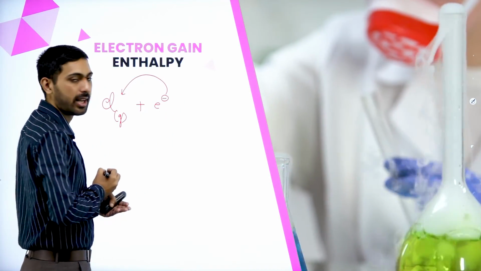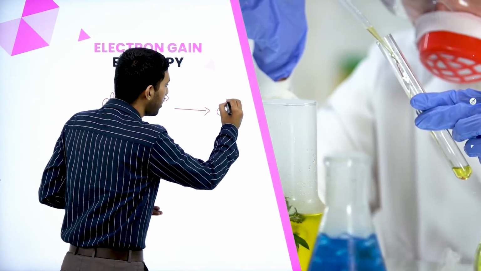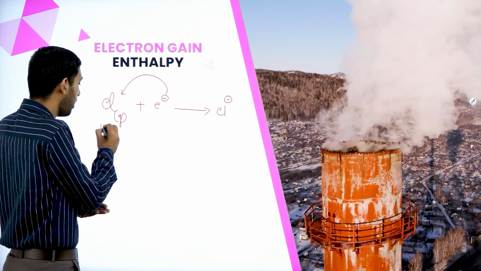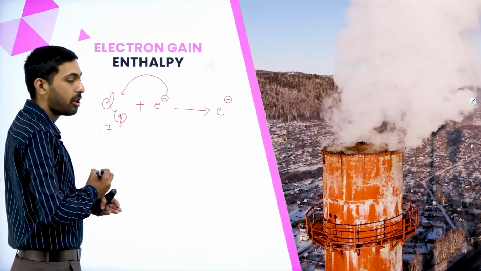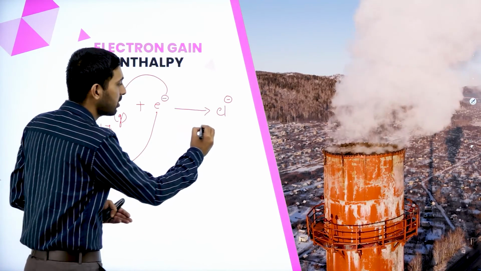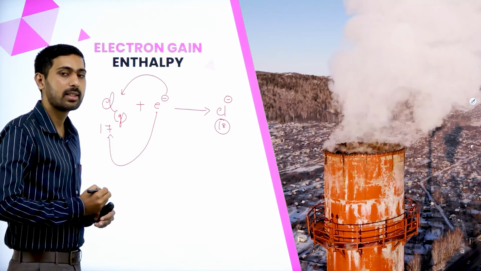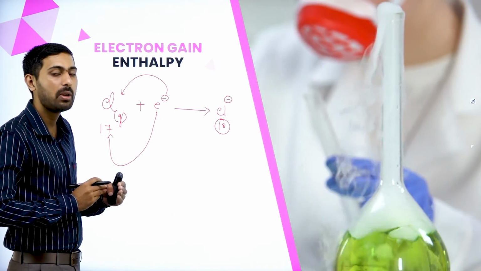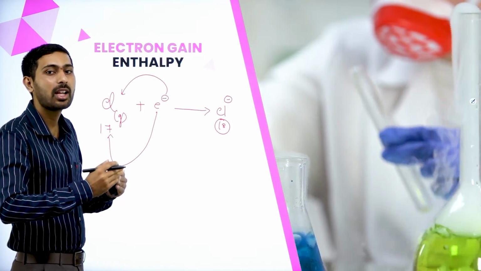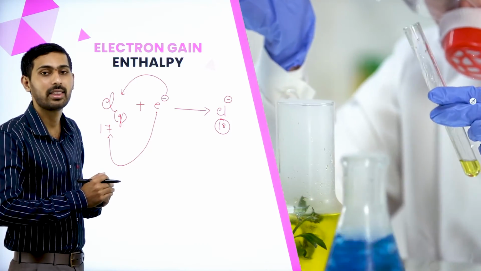It will convert from chlorine to chloride anion. The atomic number of chlorine is 17. If you supply one electron, it becomes chloride ion and is fully filled. So it's a change in enthalpy when an electron is added to an isolated neutral gaseous atom. Then it is considered electron gain enthalpy.